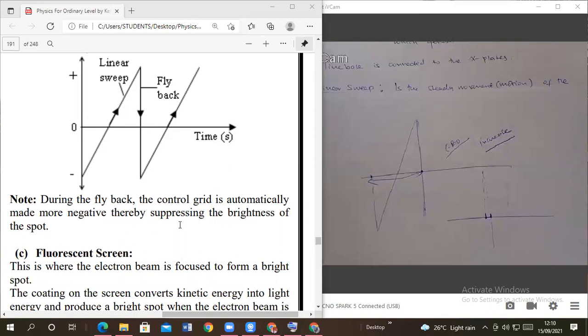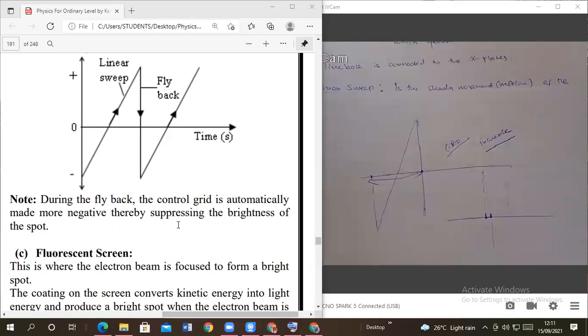So we said that the grid is used to regulate the brightness of the screen by regulating the number of electrons which are able to reach the fluorescent screen.